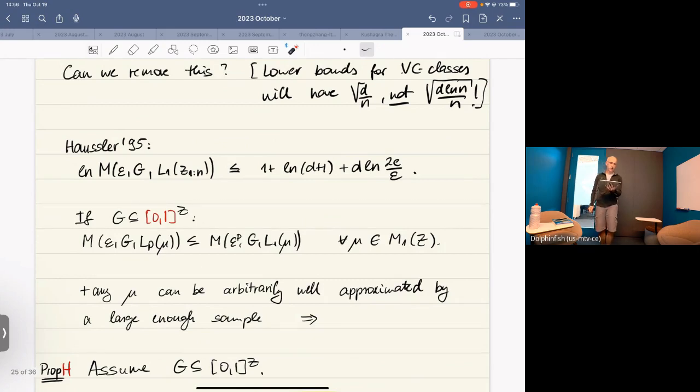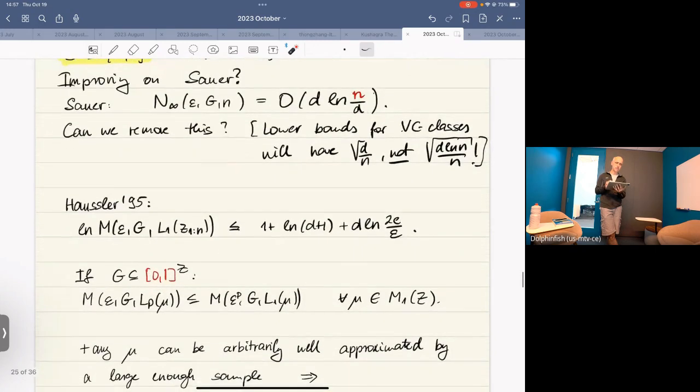He did a lot of good work, and one of his results shows that the packing number of a VC class with respect to the L1 metric, but empirical L1 metric, can be upper bounded by this quantity, 1 plus log d plus 1 plus d times log 2e over epsilon. So you see that, as opposed to Sauer's lemma, there is no epsilon dependency.